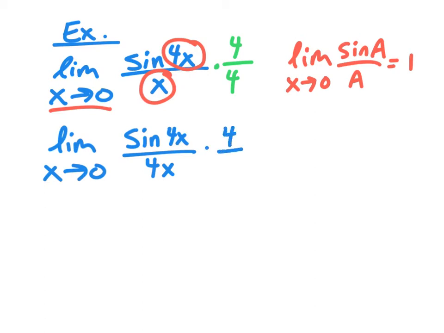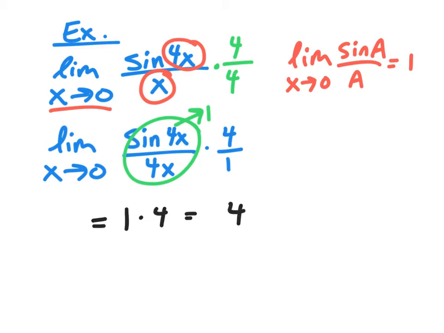And so technically you could put this over 1 if you'd like, but you don't have to. And then based on the special trig limit, as long as we have sine of something over that same something, that part is going to go to 1. So this portion, because x goes to 0, goes to 1. So my limit says that this is going to equal 1 times 4, and so my final answer is 4.